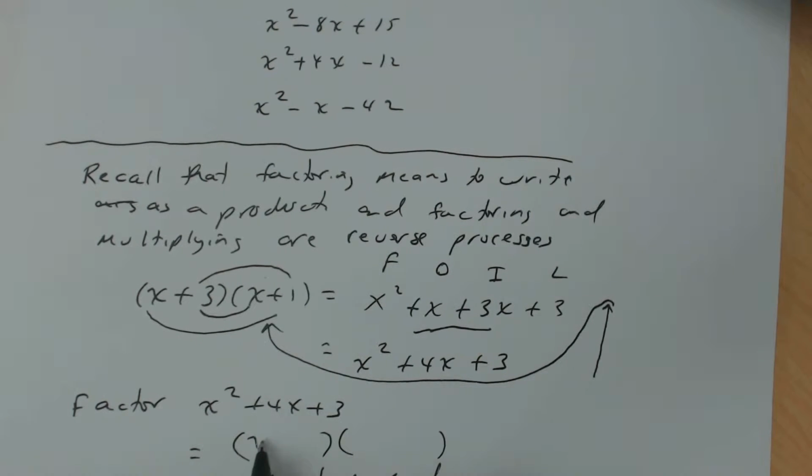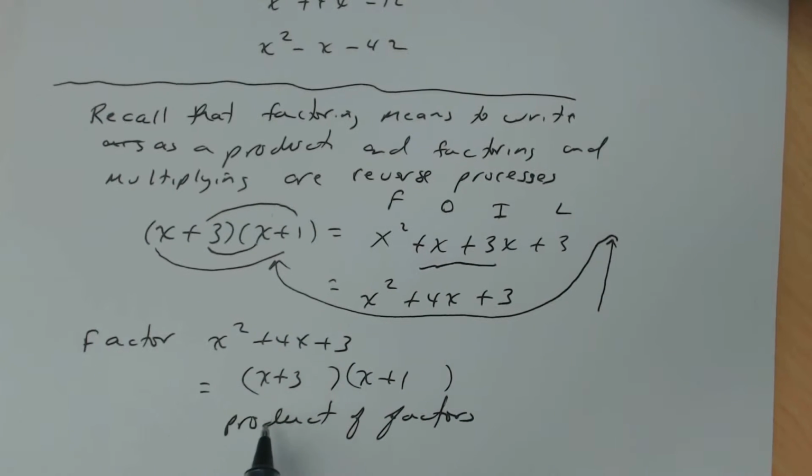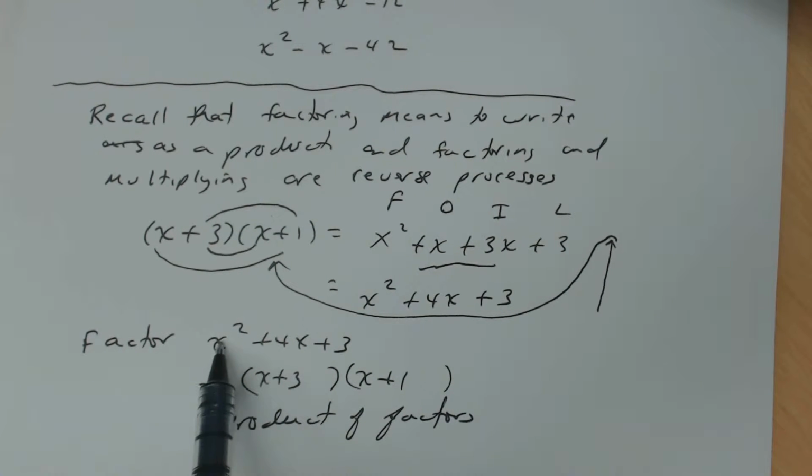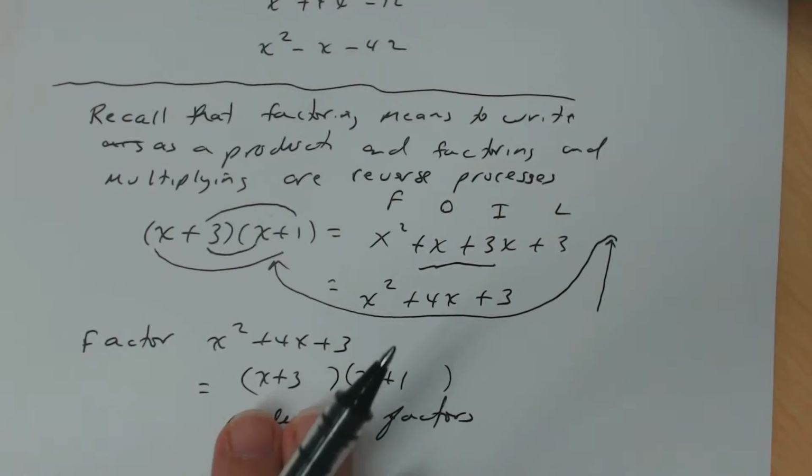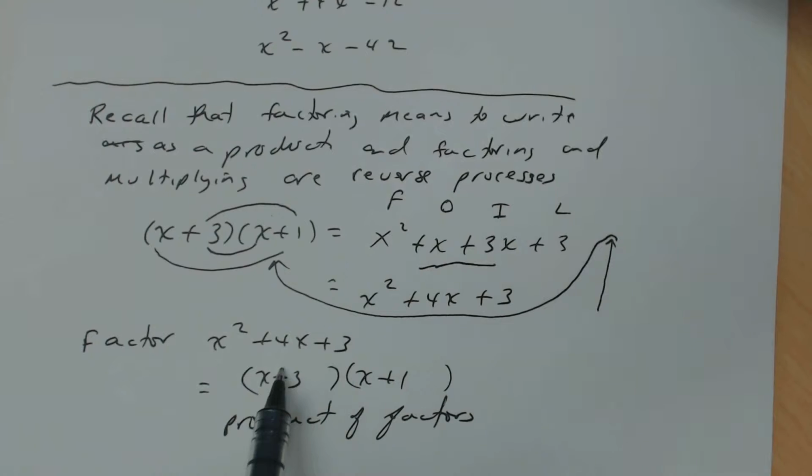My factors are going to be x plus 3 times x plus 1. So the goal in this lesson is to factor this trinomial as a product of two binomials. In the next lesson, we're going to extend this, but in this lesson, that'll be the goal: factor a trinomial that has a coefficient of 1 into two binomials.